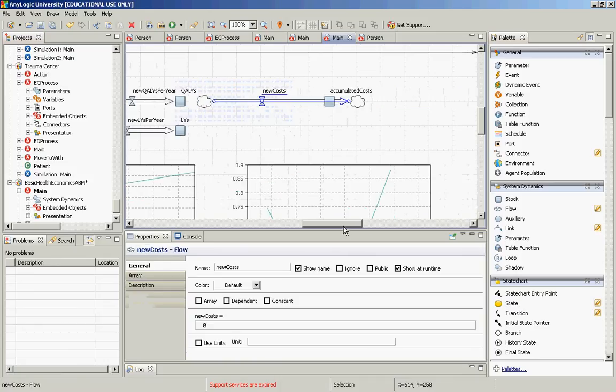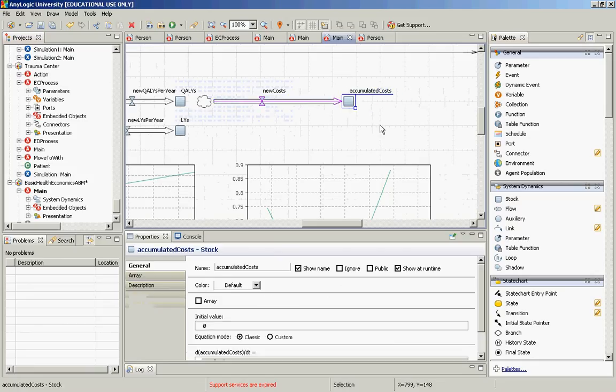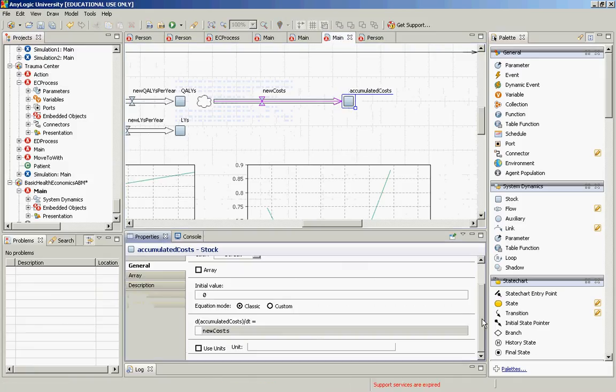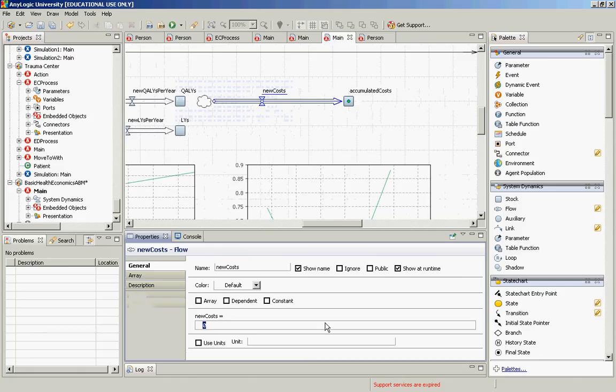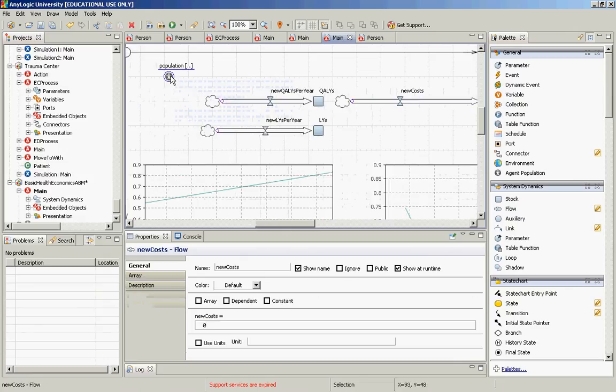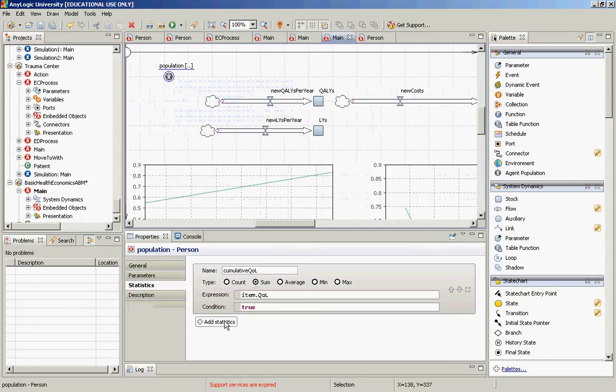Okay. Now we have cumulative costs totaling up. So cumulative costs is an integral of new costs. The key question is what is new cost and how does it depend? We're going to total up the costs per year in the population, and the easiest way to do this is to have a statistic in the population.